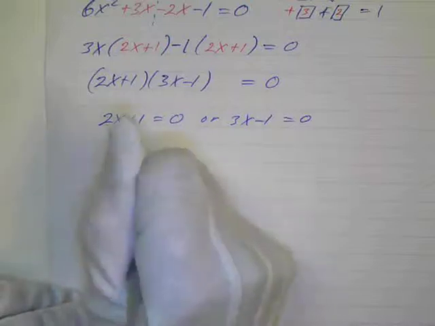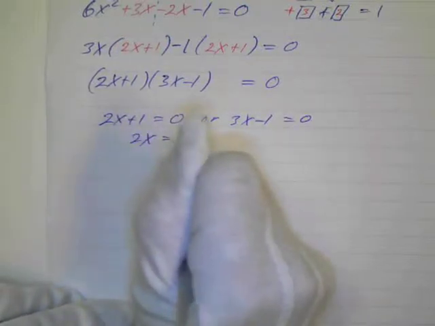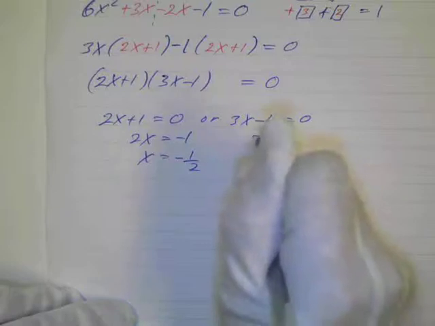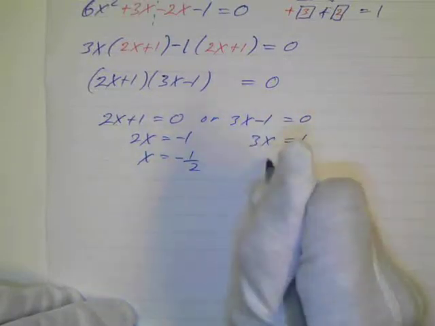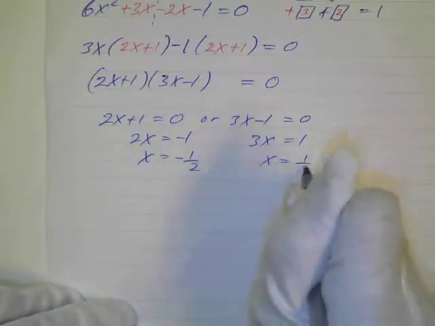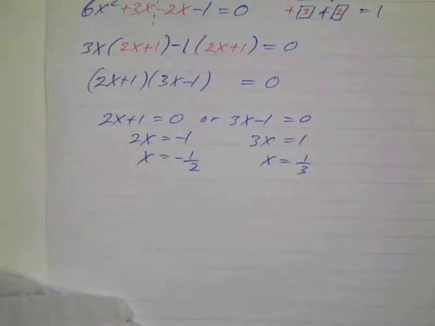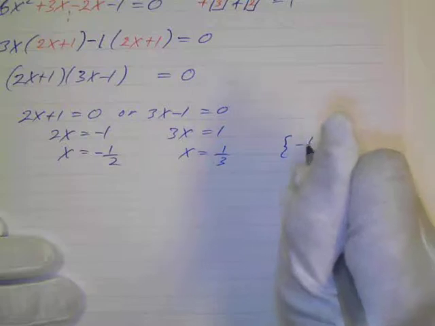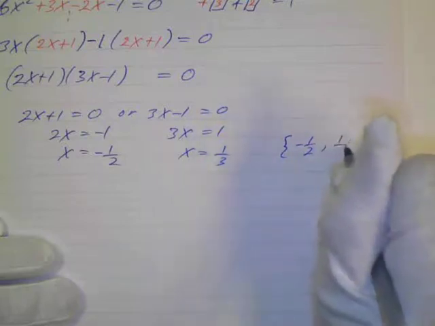And then if we subtract 1 from both sides, we have 2x equals negative 1, so x equals negative 1/2, or 3x equals 1, x equals 1/3. And there we go. So my solution set is negative 1/2 and 1/3.